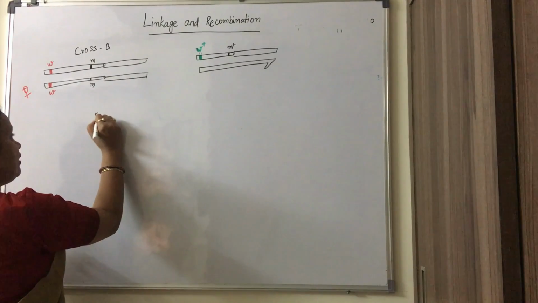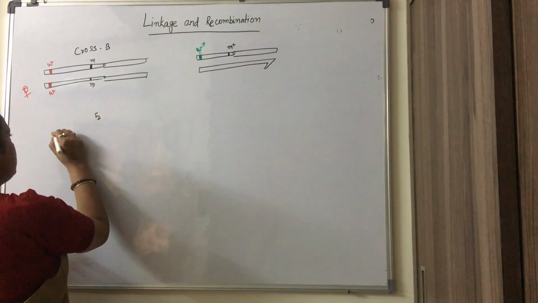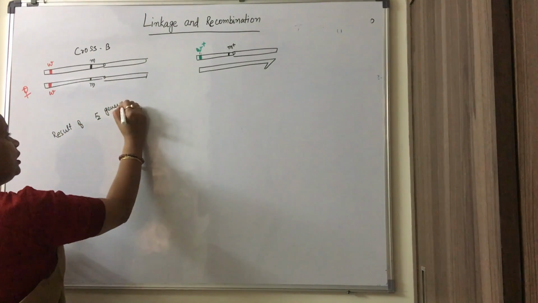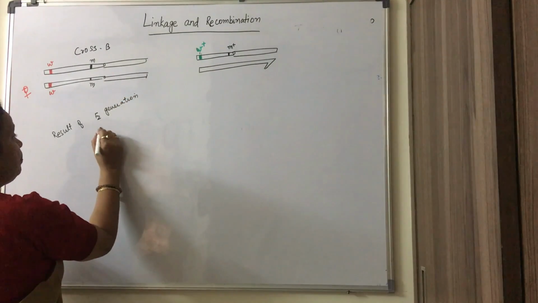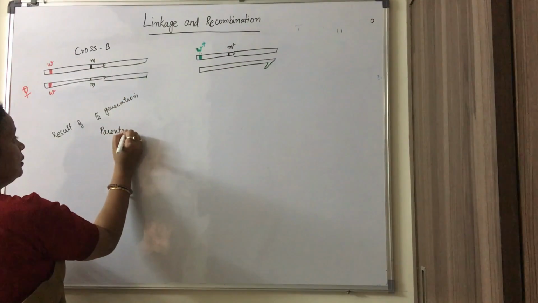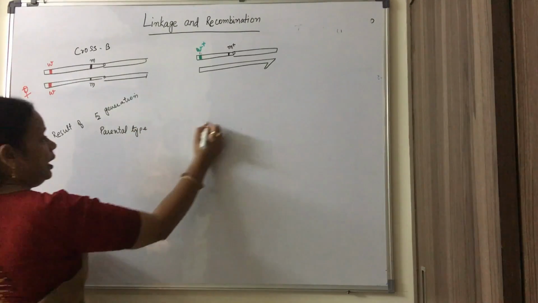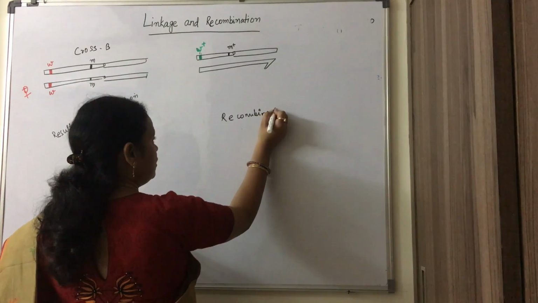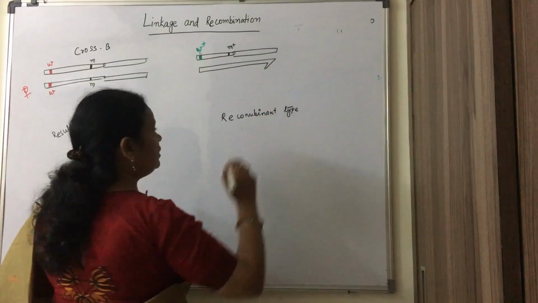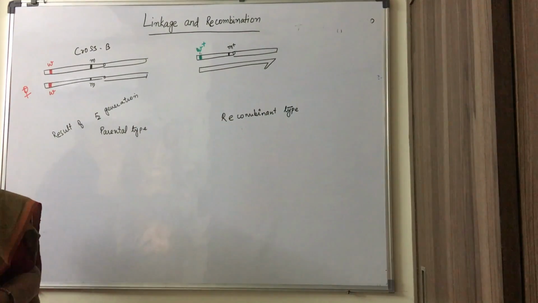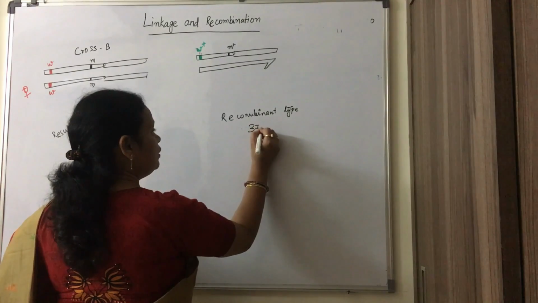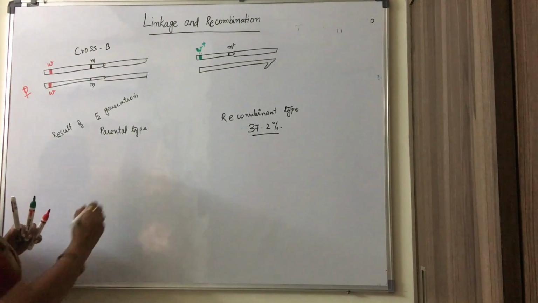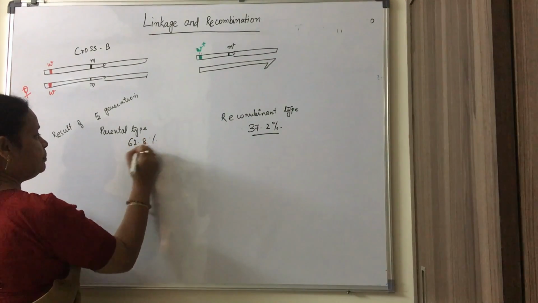Now in the F2 generation, if you see the result, he found that the parental type and the recombinant type are different from what he had expected in cross 1. This is 37.2% recombinant and the parental type is 62.8%.